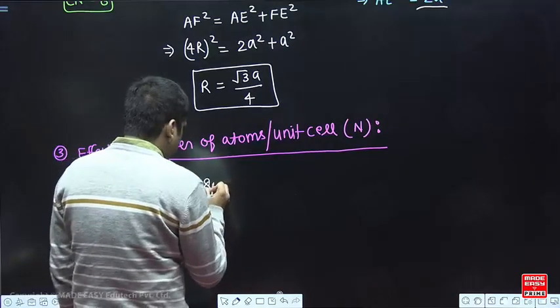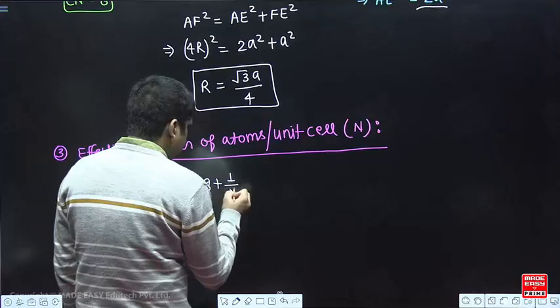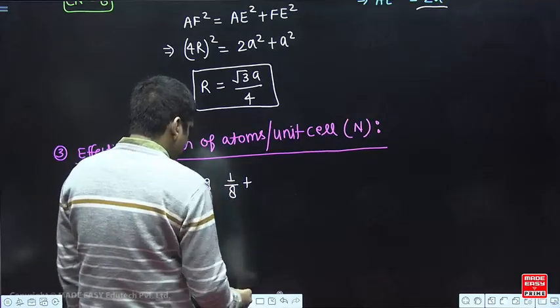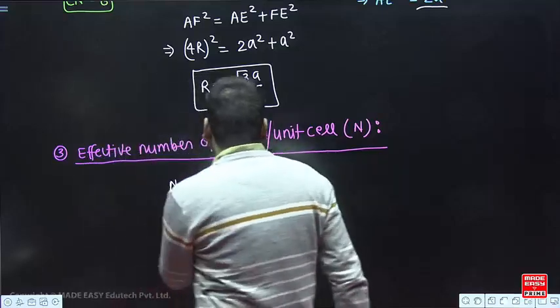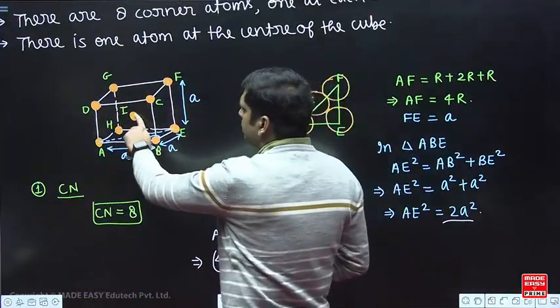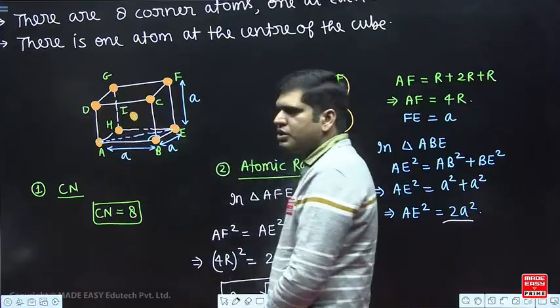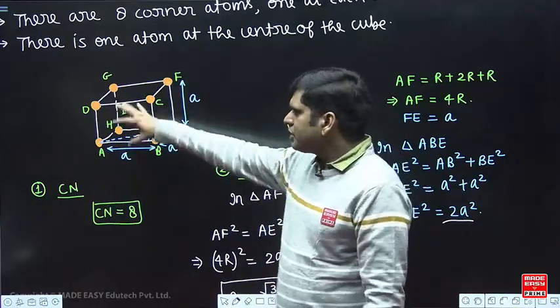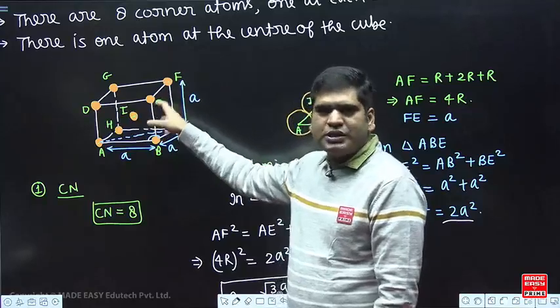There are 8 corner atoms, so 8 into 1 by 8. Along with the corners, we have one center atom. The center atom is entirely within this cube, so it is not shared with any other cube. It is only in this cell.